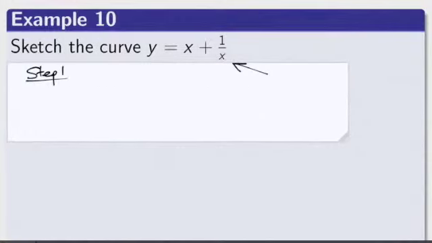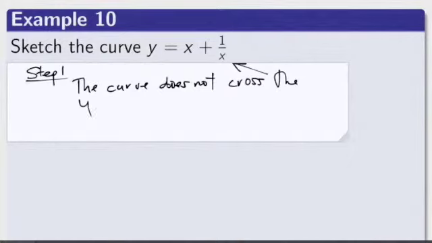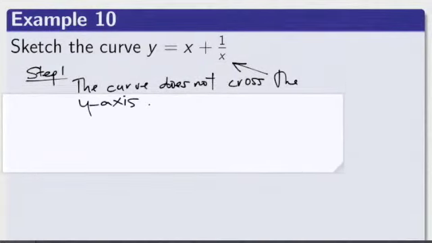So we can state that the curve does not cross the y-axis, because we can't let x equal 0.